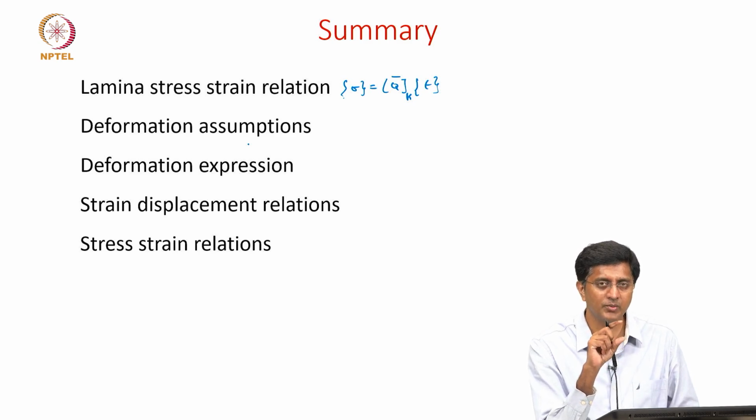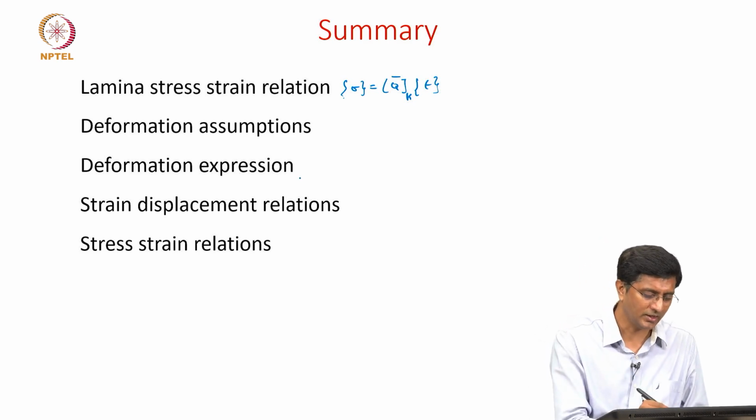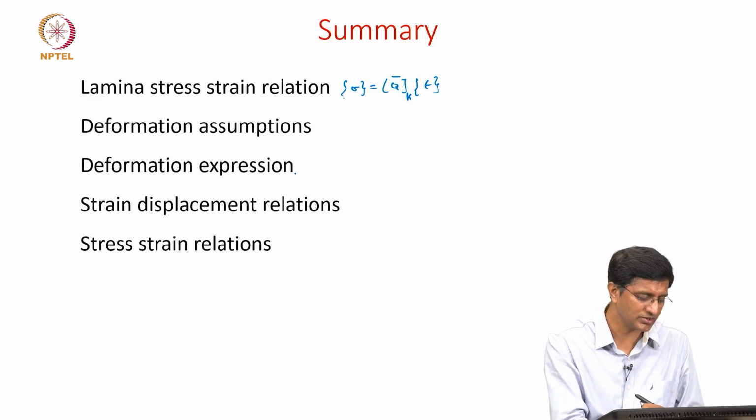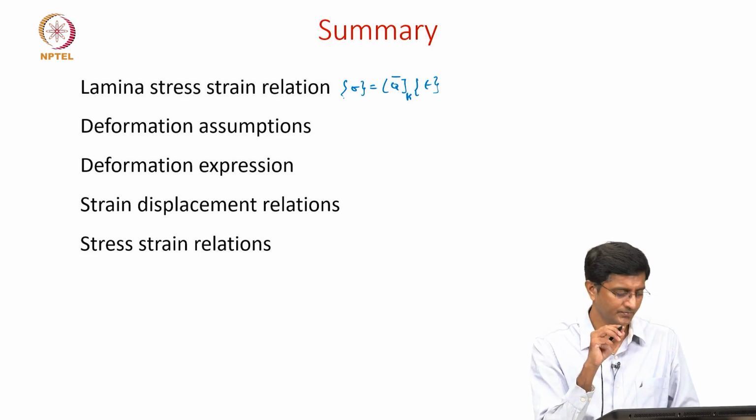We said it remains straight before and after deformation, it remains perpendicular to the mid surface before and after deformation, and it remains the same length both before and after deformation. Because of all these assumptions, now we are able to simplify the stresses and strains only to three components. And then we are also able to write these deformation expressions in terms of the mid surface values.